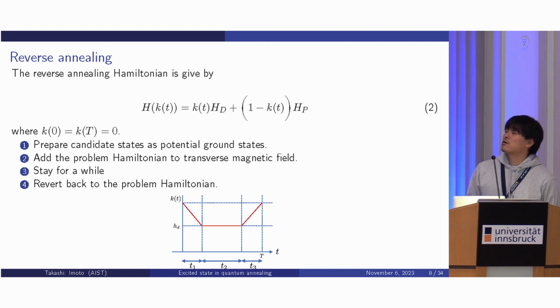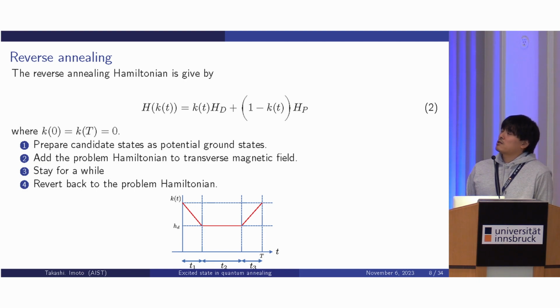Next, we introduce reverse quantum annealing. The reverse annealing Hamiltonian is given by this Hamiltonian, and k(t) means the scheduling function of the reverse annealing Hamiltonian, where k(0) and k(T) equal 0.